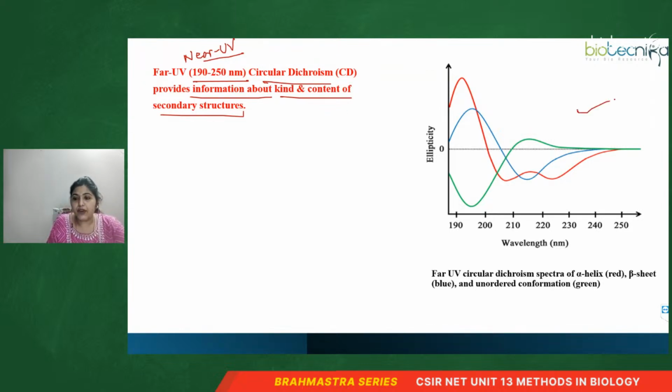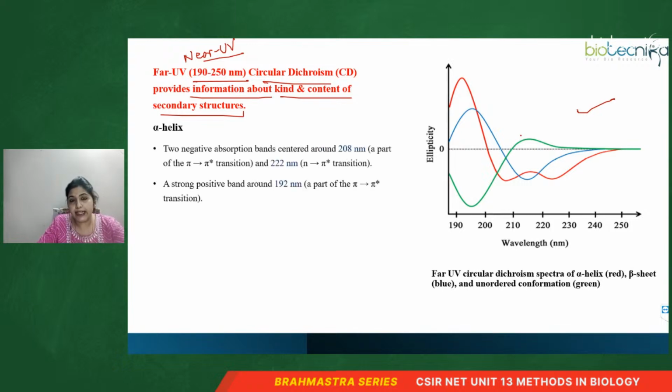The point that you have to recall here is that if alpha helix structure is present, we'll get two negative bands. One is around 208. You can see on the x-axis wavelength is given, so 208 is somewhere here because this is 210. Yes, we are getting one band at 208 and another at around 222. If such negative bands are given, it indicates the presence of alpha helix.